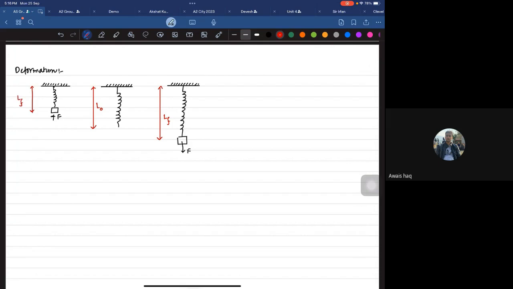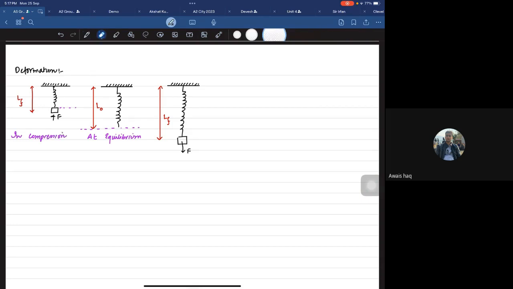Now, the first diagram shows you that the spring is at equilibrium, which means it is at a balanced position. Then this one shows that the spring is in compression.